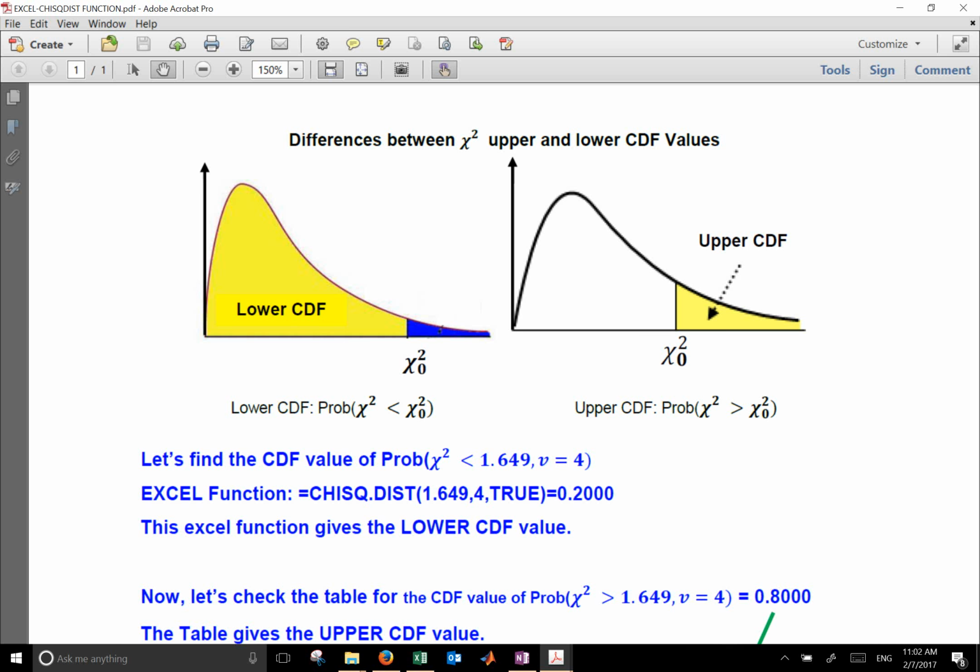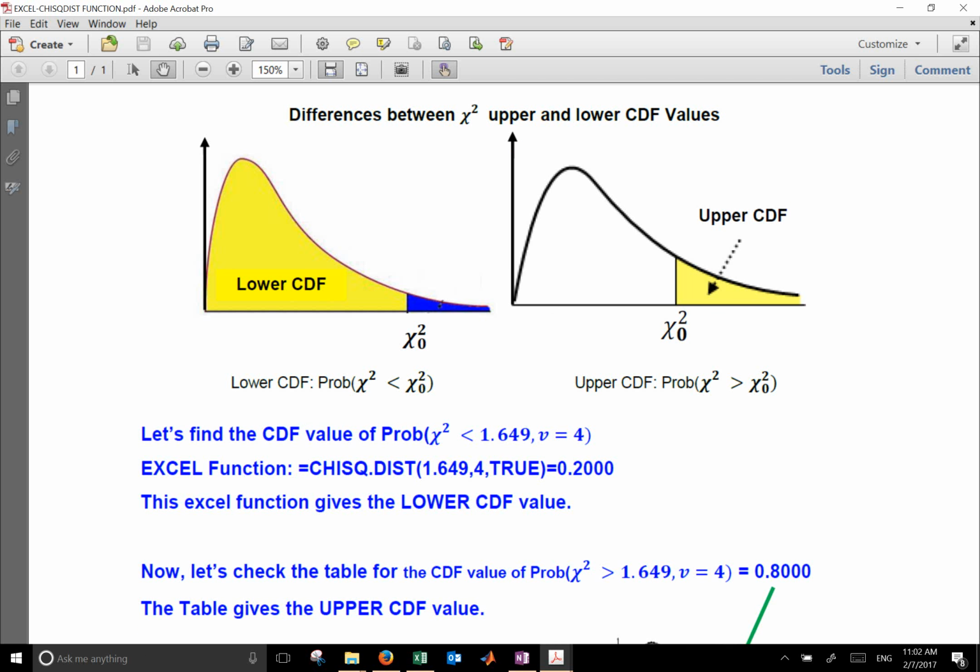Upper CDF is this blue region. The lower CDF is the probability that the chi-square random variable is less than chi-square 0. And upper CDF is the probability chi-square greater than a location.